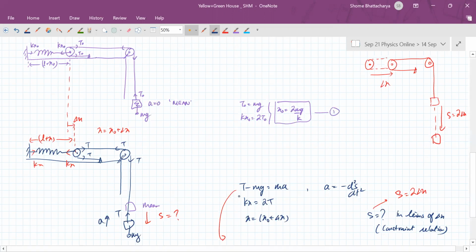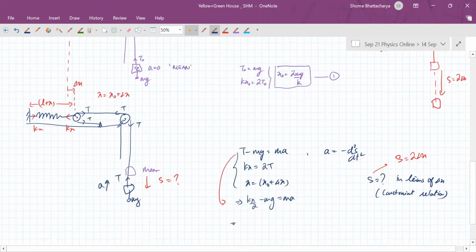And now these together tell me that Kx by 2 minus mg is equal to ma. So further resolving that, we have k by 2 into x naught plus delta x minus mg is equal to ma.